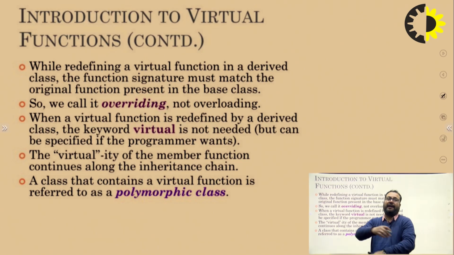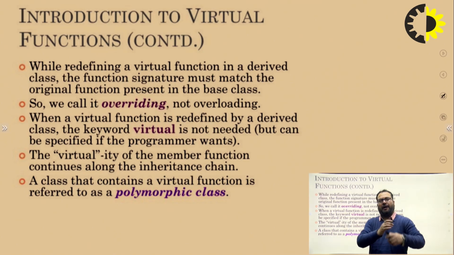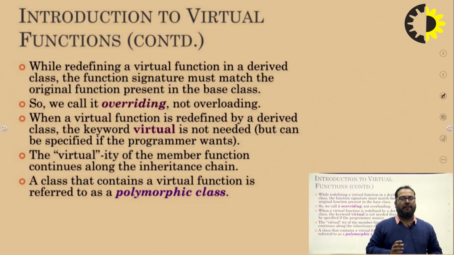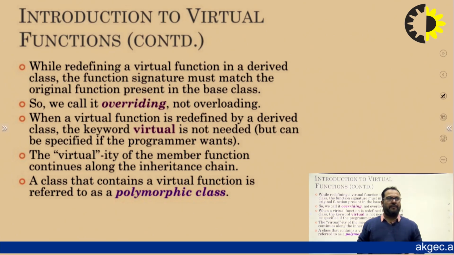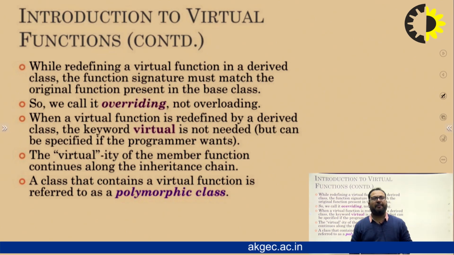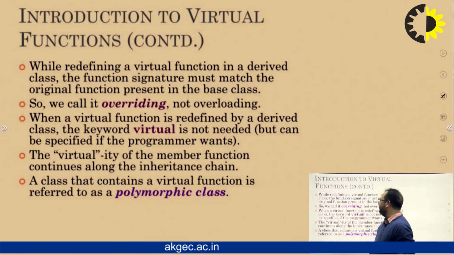But in overriding, everything is the same: the number of arguments, the function name, everything. We want to execute the function in the derived class if the pointer points to a derived class object, and if it points to the base class, it will access the function of the base class. So we call it overriding, not overloading.